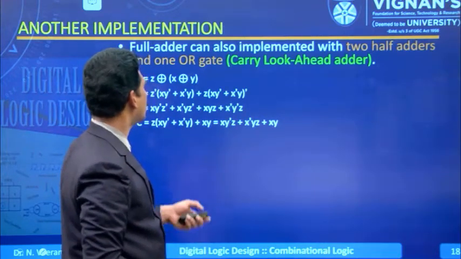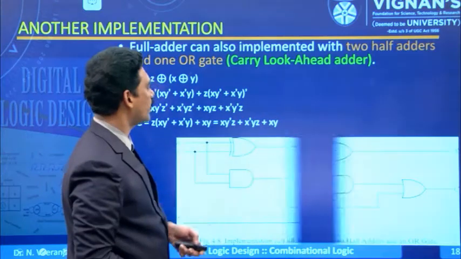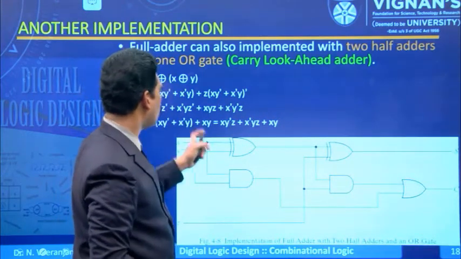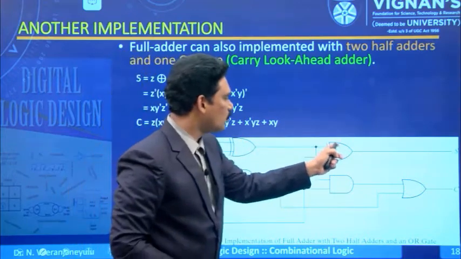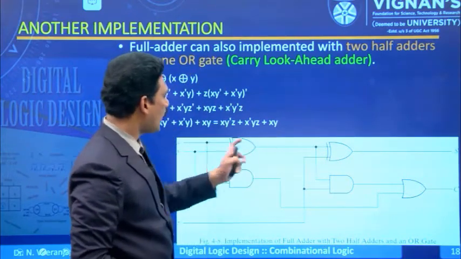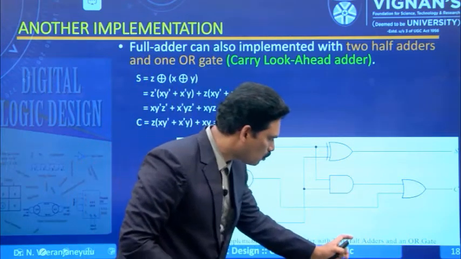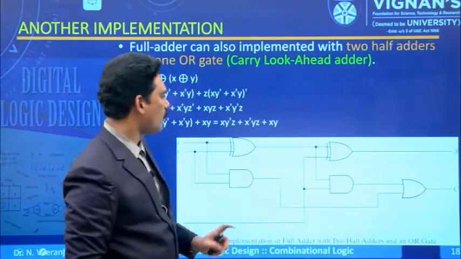This is the logic diagram for this, represented as X exclusive OR Y, and this is exclusive OR Z. So it is represented as the implementation of a full adder with two half adders and one OR gate.